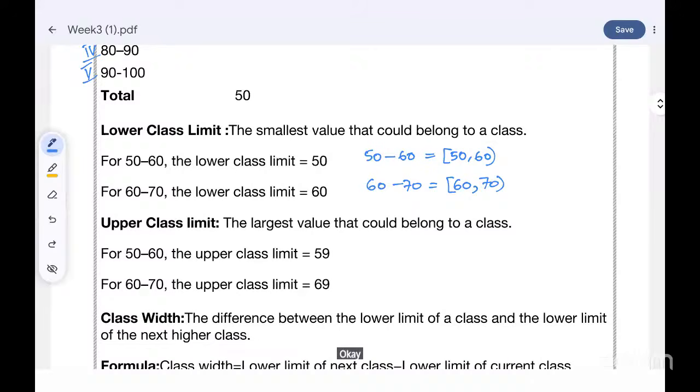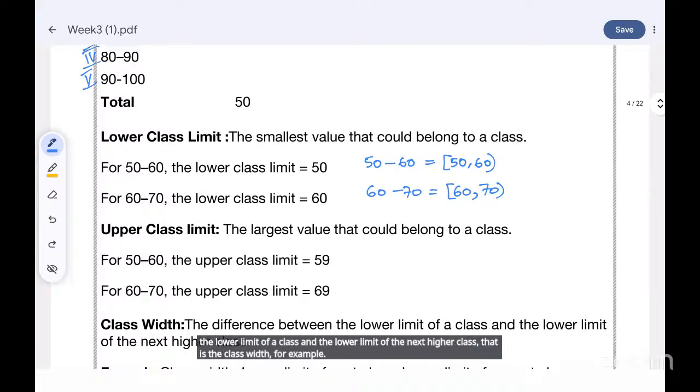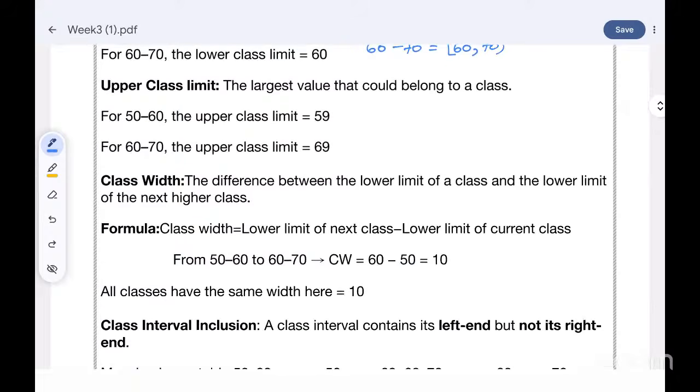And the next important terminology is class width. This is something we discussed earlier. So what is class width? The difference between the lower limit of a class and the lower limit of the next higher class. That is the class width. For example, lower limit of next class minus lower limit of current class.